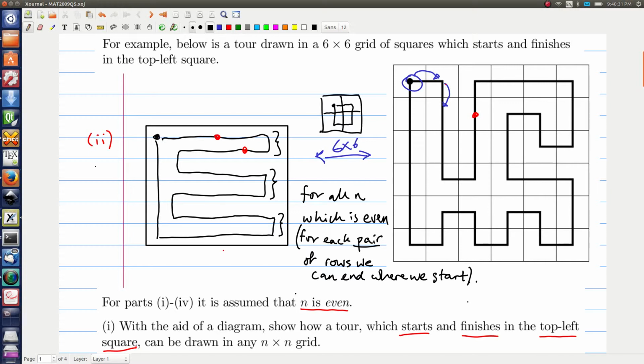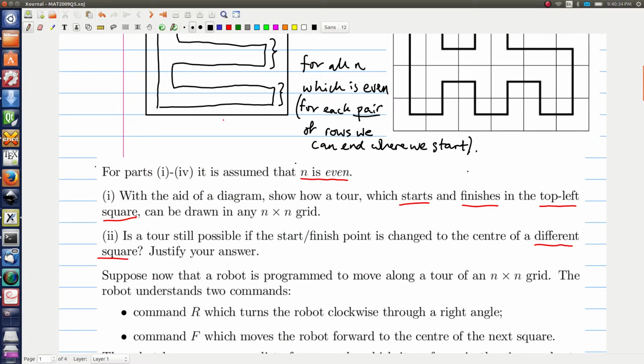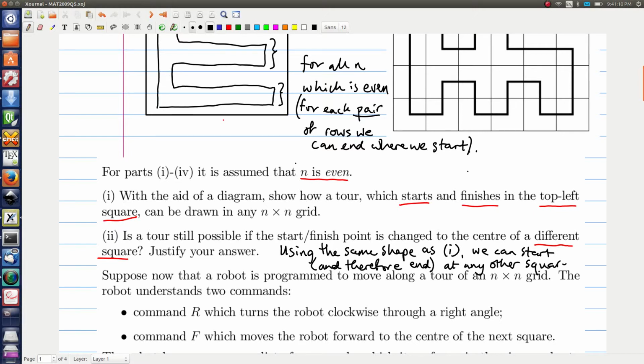So for part 2 I might write: just move the, so using the same shape as for part 1, we can start and therefore end at any other square on the path, or any other square in the tour, I should say, using their terminology.